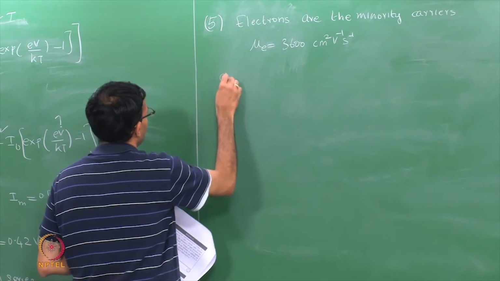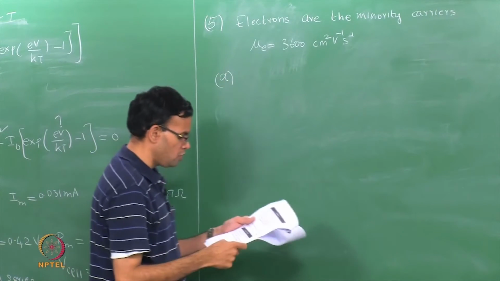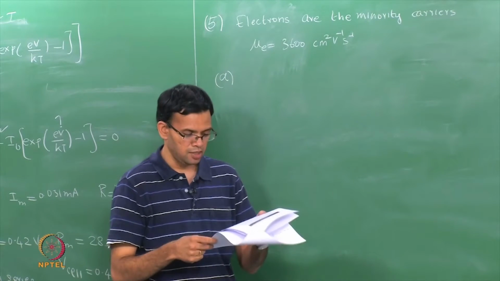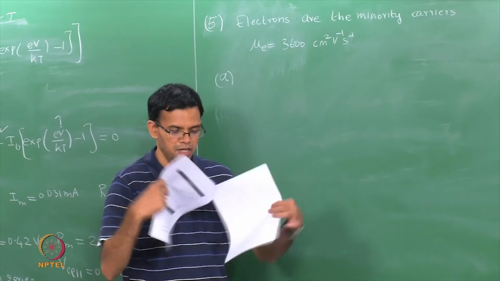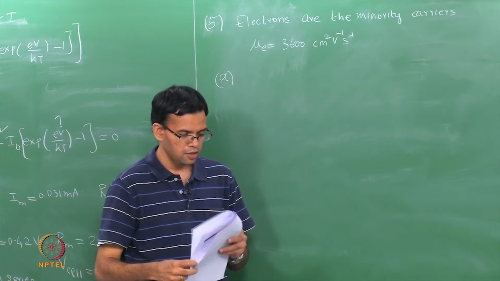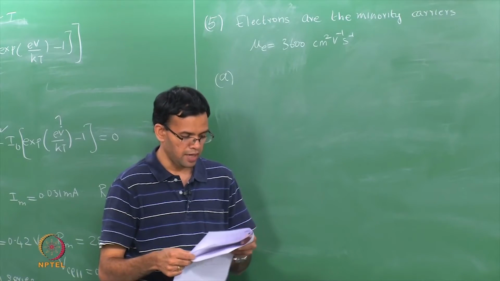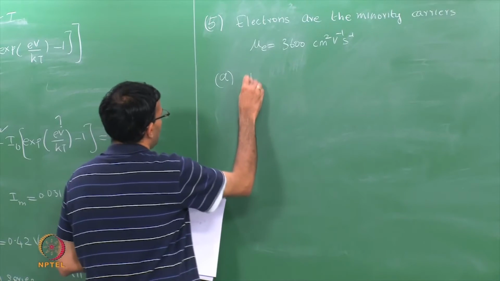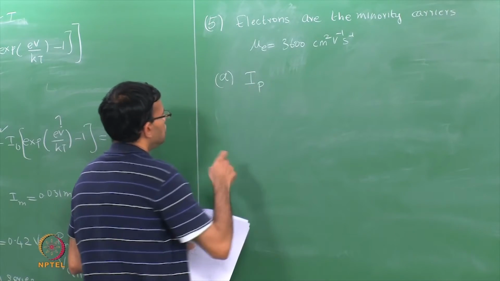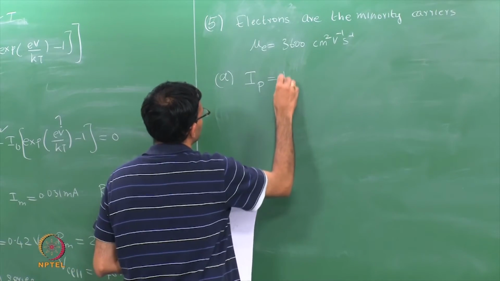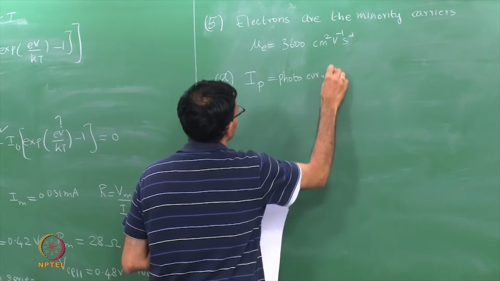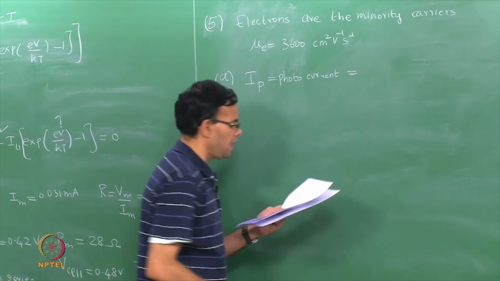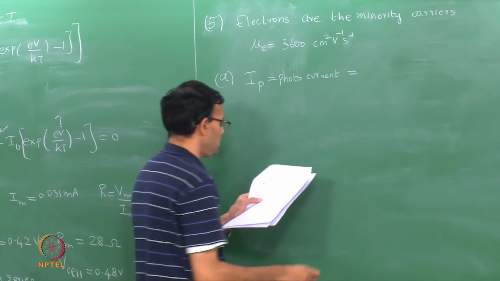For the first part of the question, we need to calculate the equilibrium density of the electron hole pairs generated under radiation. We can write an expression for that. The current I, which is your photocurrent, is due to the excess electrons that are created.